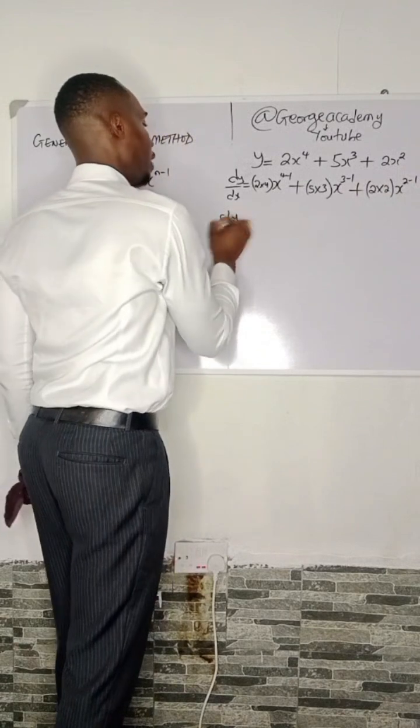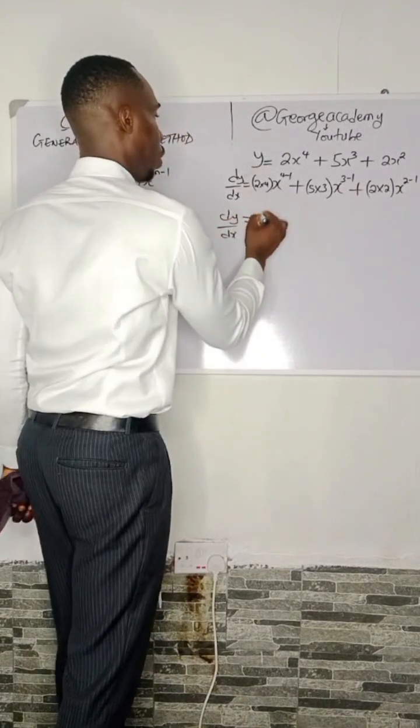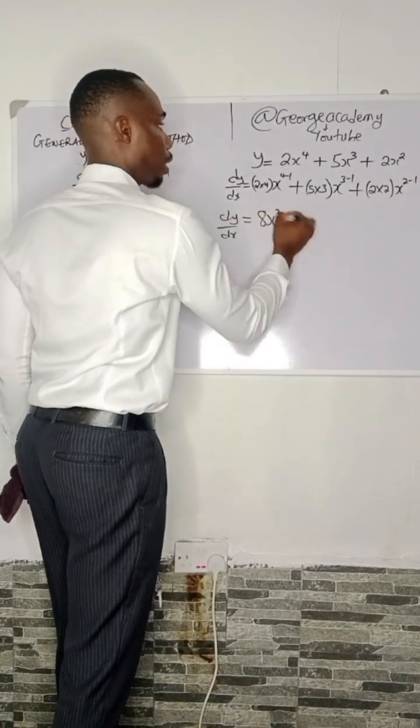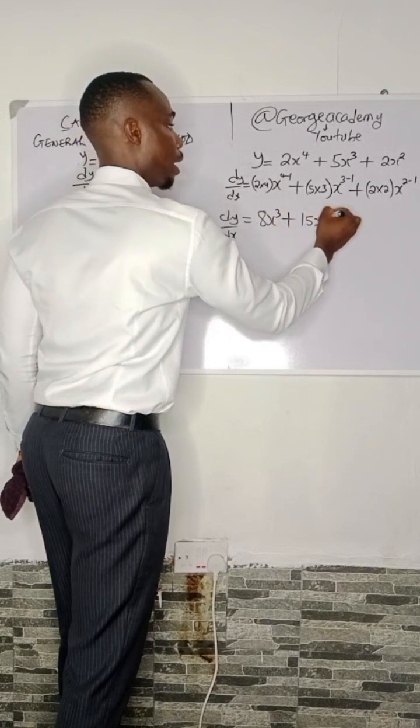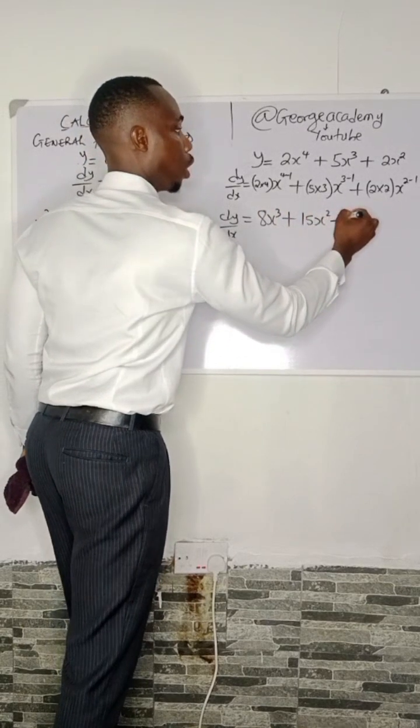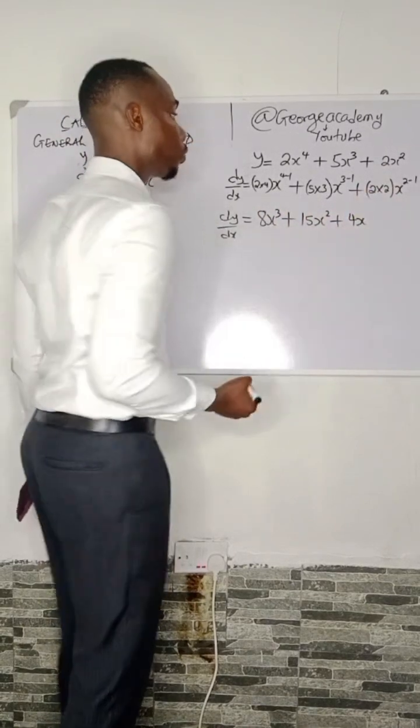So the differential of this function is 8x raised to the power of 3 plus 15x squared plus 4x raised to the power of 1, which still gives you 4x.